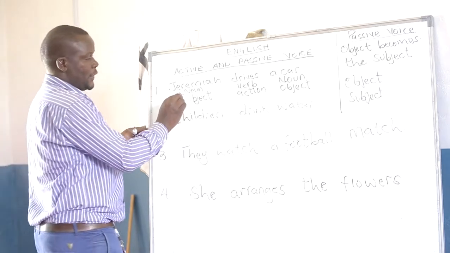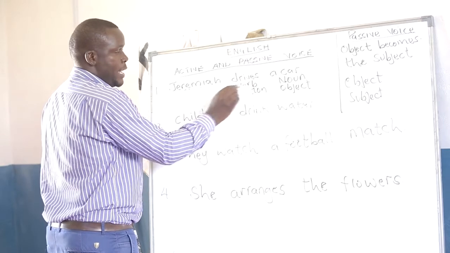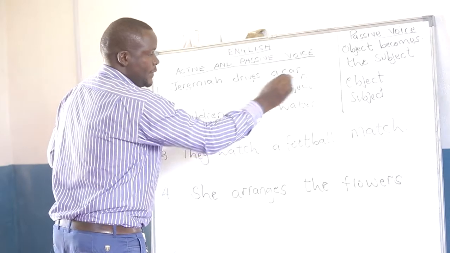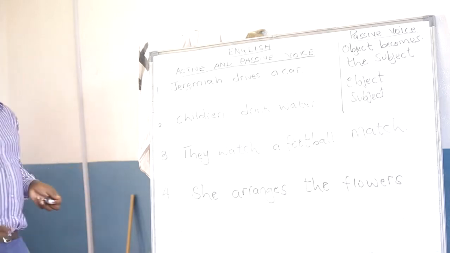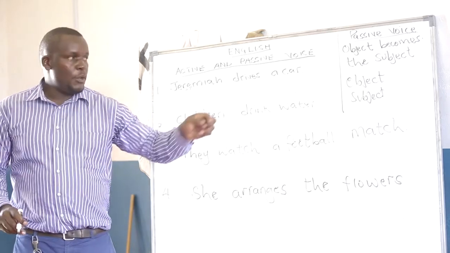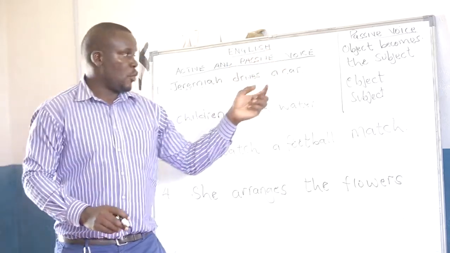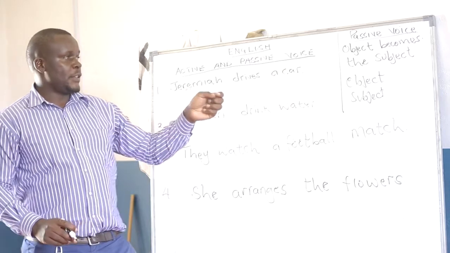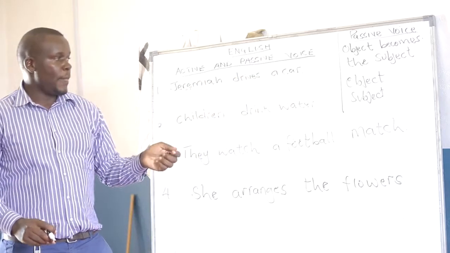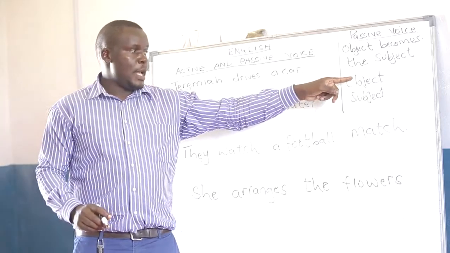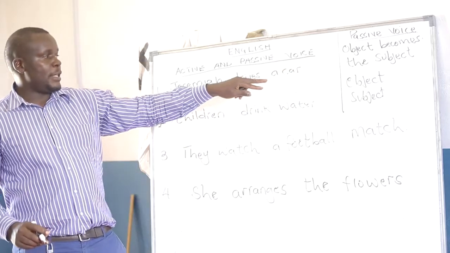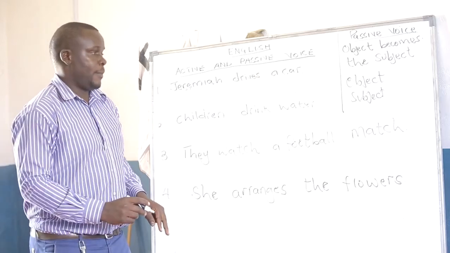So the first sentence is, Jeremiah drives a car. So I have said very well that in the passive voice, because we are supposed to change these sentences into a passive voice, we have to start with the object. And for this case, our object is a car.